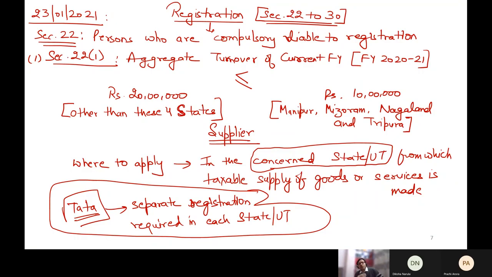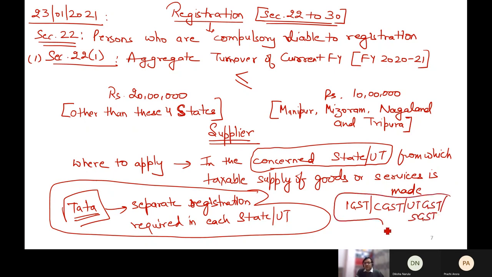This point was a little bit problematic earlier when GST was brought into India. So many people were saying, why unnecessarily create such a situation that we have to apply in every state? But the government said no, you have to apply in every state. But separate registration for every tax is not required. Like the same registration will be applicable for IGST, CGST, UTGST, SGST.